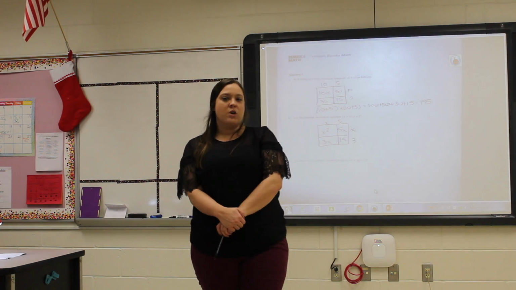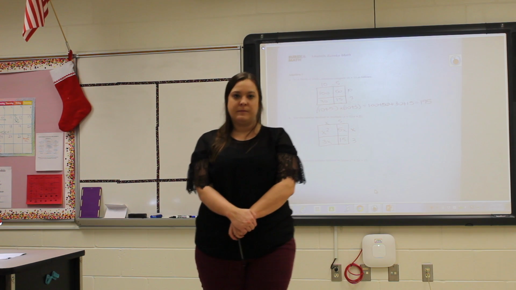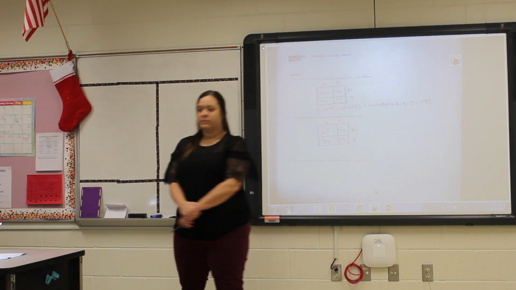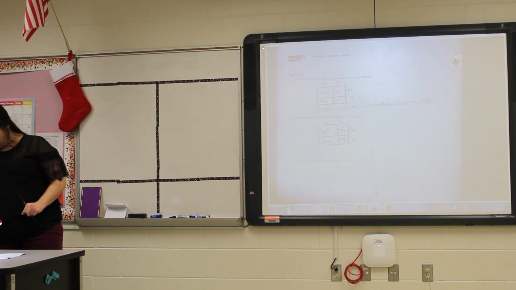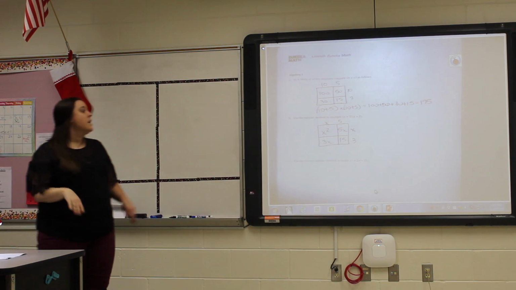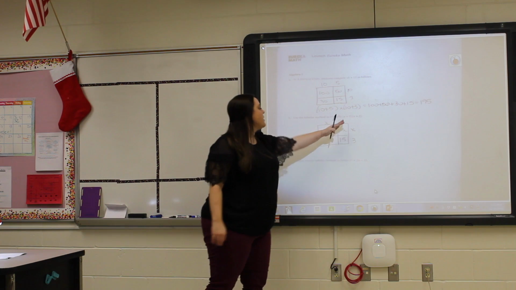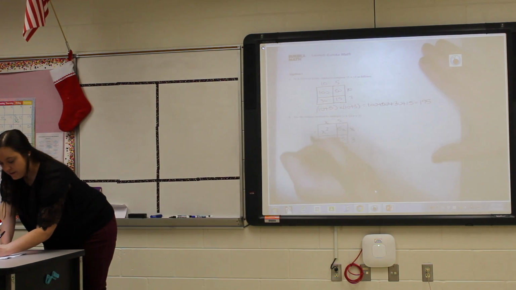What do you notice about the partial products of the diagonals? Excellent. The like units are along the diagonals. Here we have x squared.